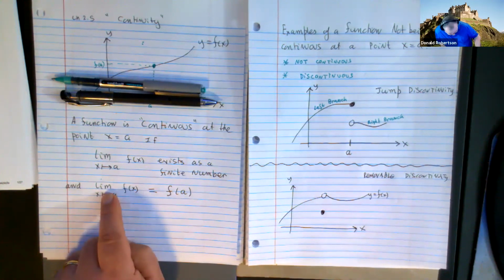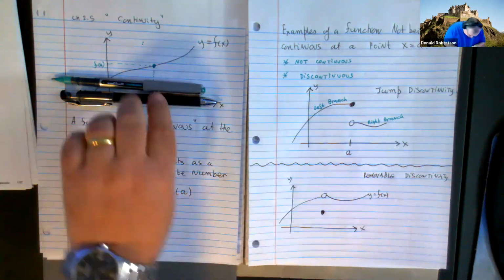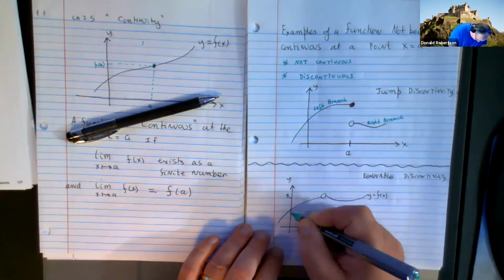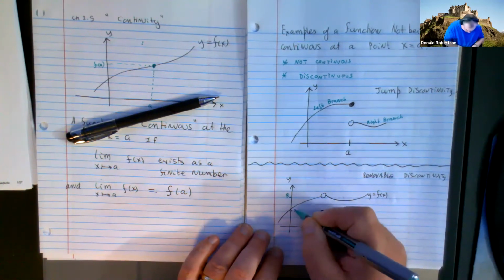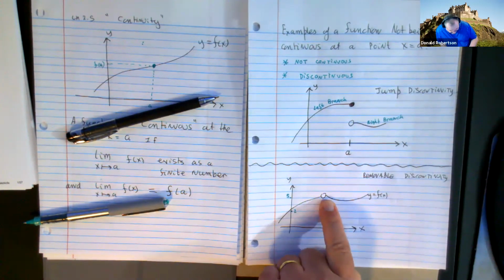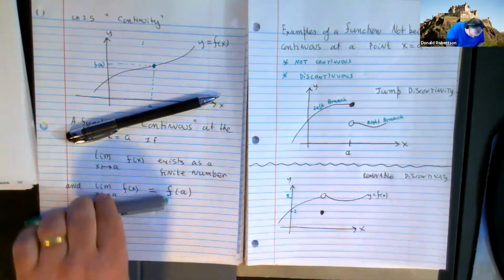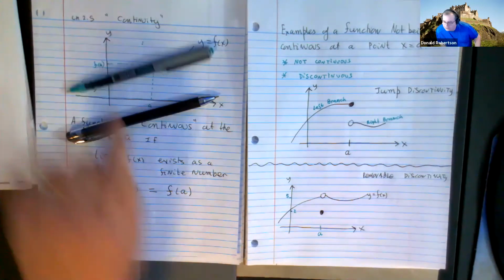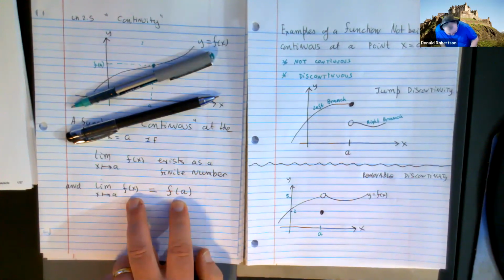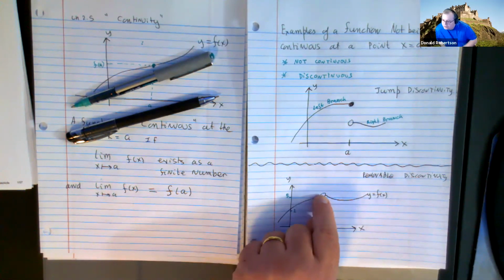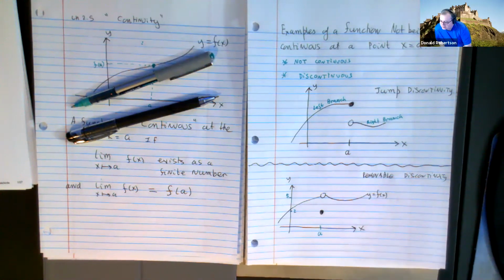Yes, the overall limit exists. Would you agree? I'll put a number in. Let's suppose that's 5, and this here is at x equals 2. Isn't the overall limit of this function 5? But isn't the value of the function at 2 something else? You see, they're not the same. Now, if I picked that dot up and stuck it where the hole is, wouldn't it now be continuous?